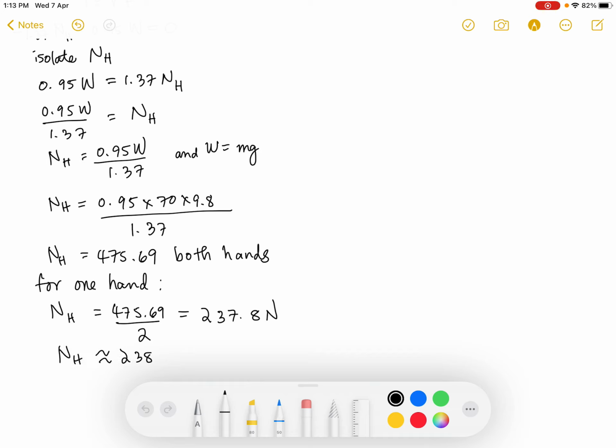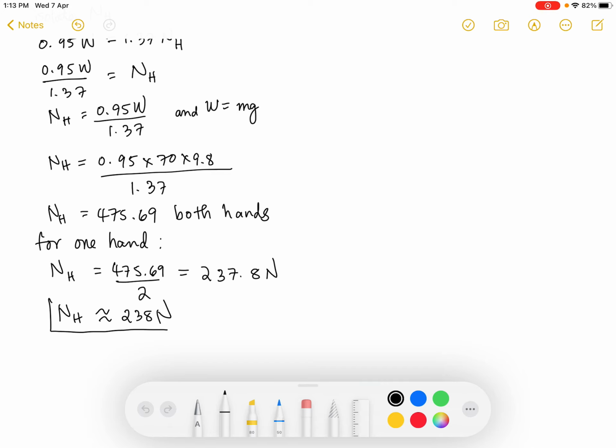Just fixing my division by 2. So this is the normal force on one hand.